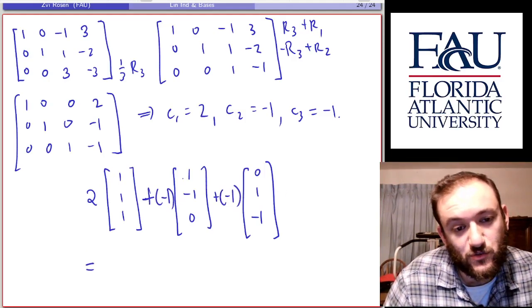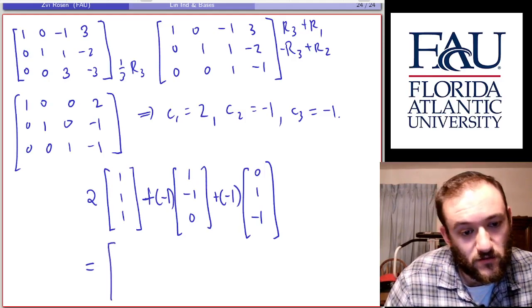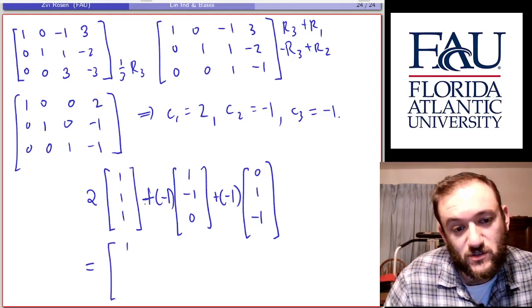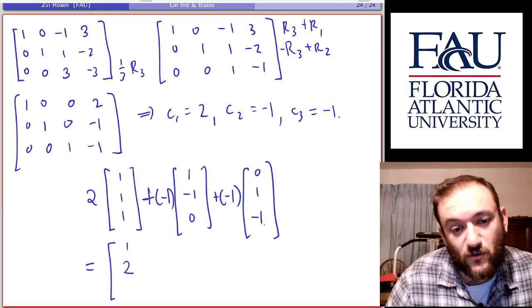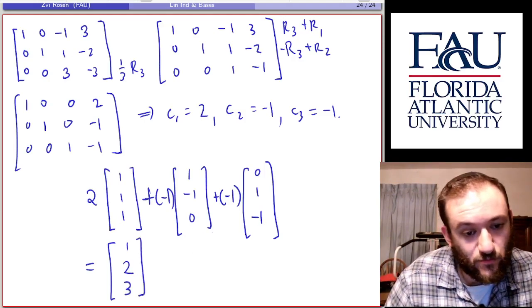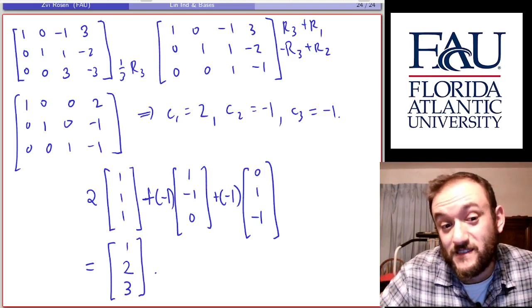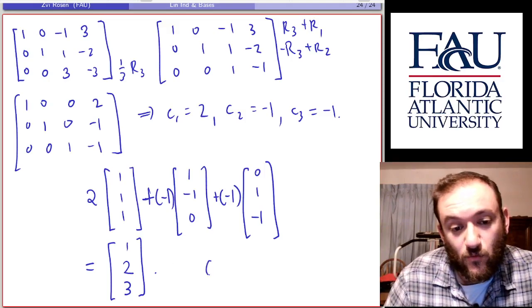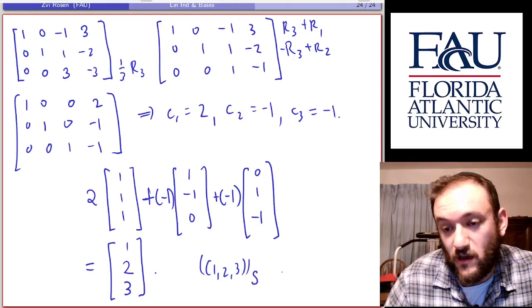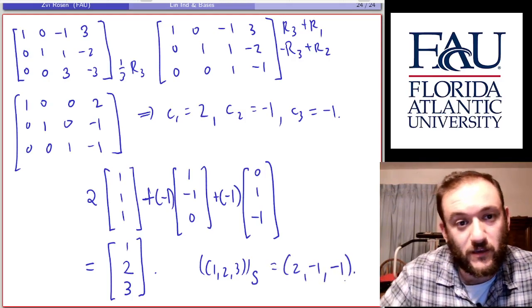In the first coordinate it's 2 minus 1, so that's 1. In the second coordinate, it's 2 plus 1 minus 1, so that's 2. And in the third coordinate, it's 2 plus 0 plus 1, or 3. And so that's the vector that we were looking for. So the coordinate vector of (1, 2, 3) with respect to U would be (2, -1, -1).